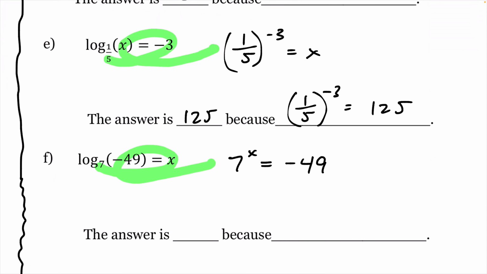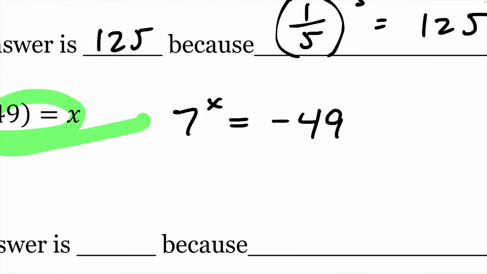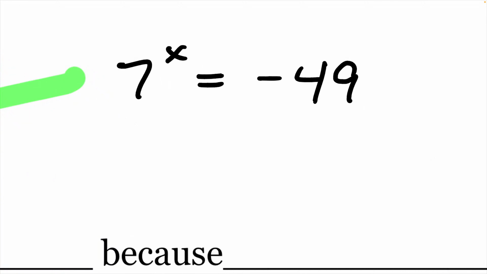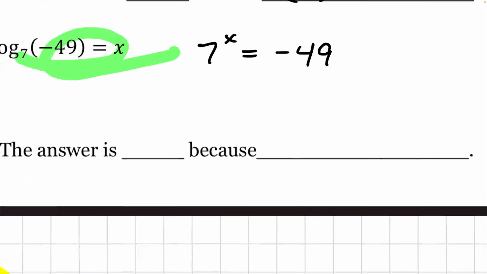Is there a number, though, I can put up there that would make negative 49? No, I don't think there is, because powers don't control positives or negatives. So there is no solution.